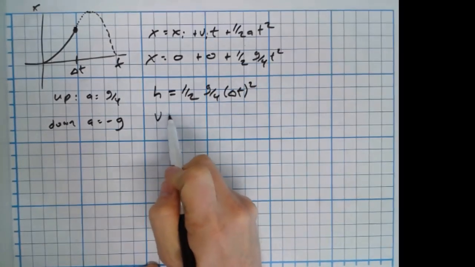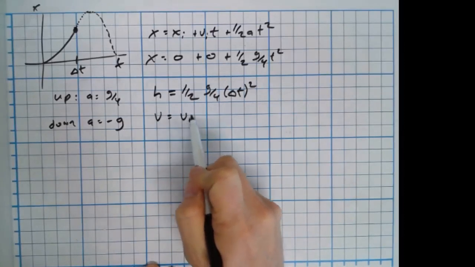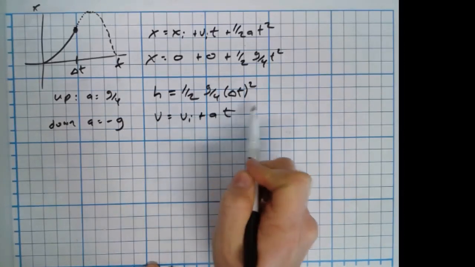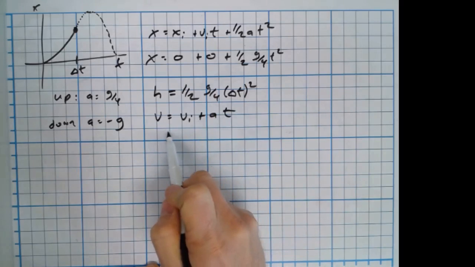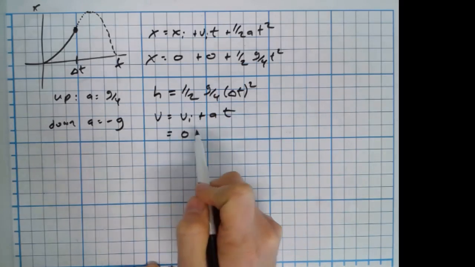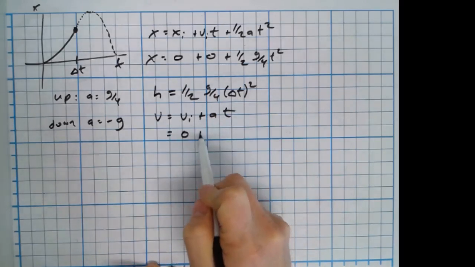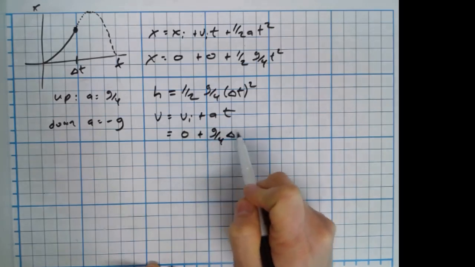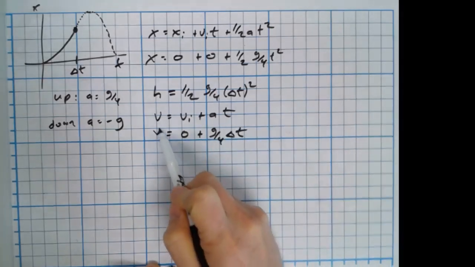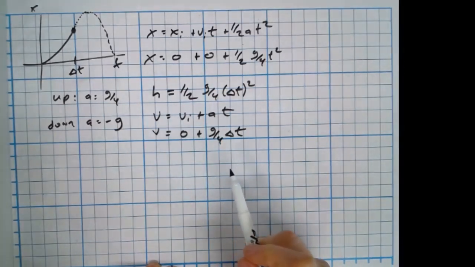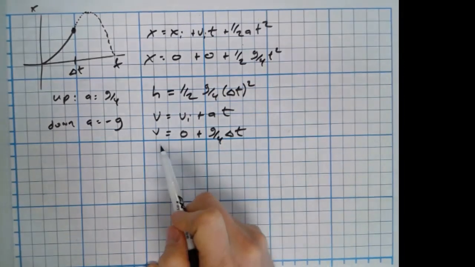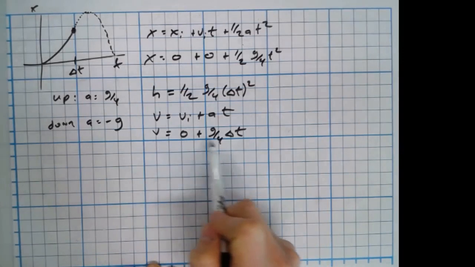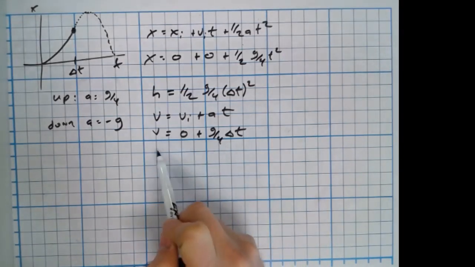So for that, we want v, the velocity, is the initial velocity plus the acceleration times the time. Well, the initial velocity for the balloon was 0 because it wasn't shot upwards. The acceleration was g over 4, and the time that it's ascending with that acceleration is delta t. So that means the velocity at the moment that it starts to fall is g over 4 delta t.